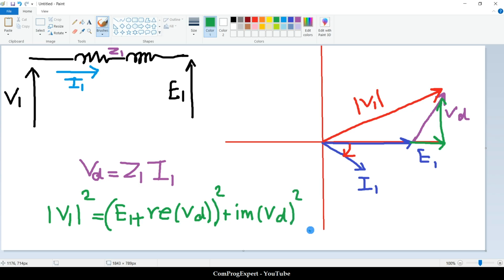So we know this value, so we can calculate E1. Finally, when we calculate E1, we can calculate this angle, the angle of the V1 phasor.